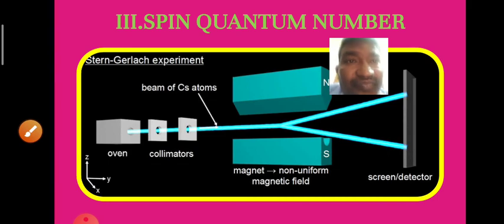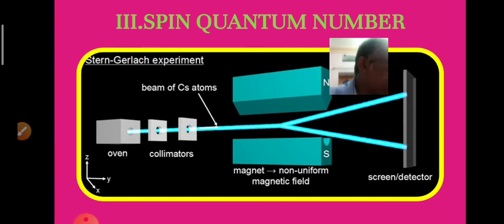The spin quantum number was introduced due to the observations made during the experiments of Stern and Gerlach on silver atoms. In this experiment, Stern and Gerlach focused a beam of neutral silver atoms onto a screen, passing it through a magnetic field.